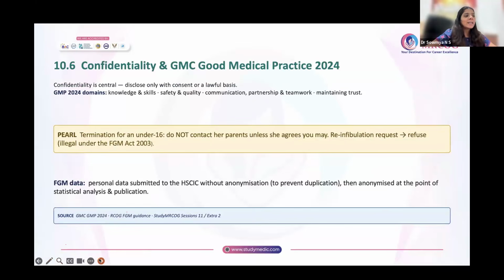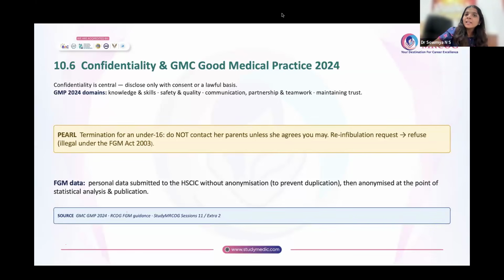Okay, confidentiality and GMC good medical practice. Remember, if any child doesn't want you to tell the parent, you need not tell the parent. However, if she collapses, for example, and you need to inform, then there is no other option, right?